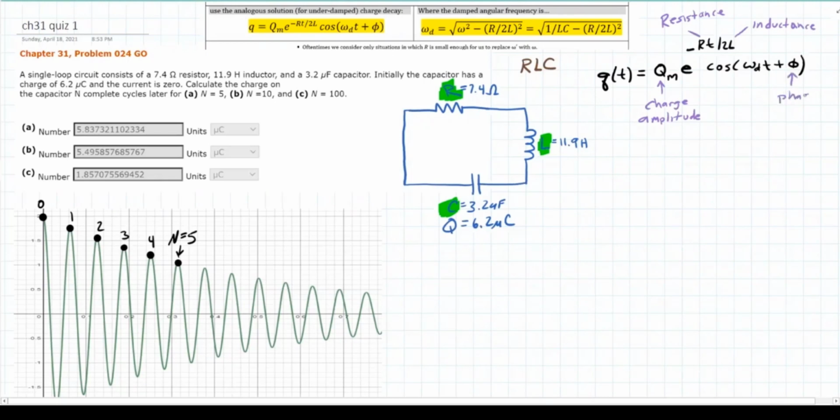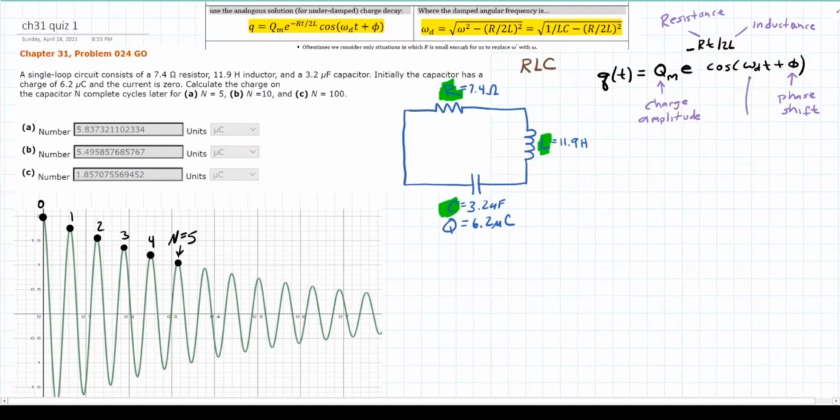This is the phase shift. Phase shift refers to how far ahead of the starting line or how far behind the starting line your system started. So if you're running a 100-meter dash and you start ahead of everyone else in front of the starting line, you have a phase shift relative to everyone who's standing at the starting line.